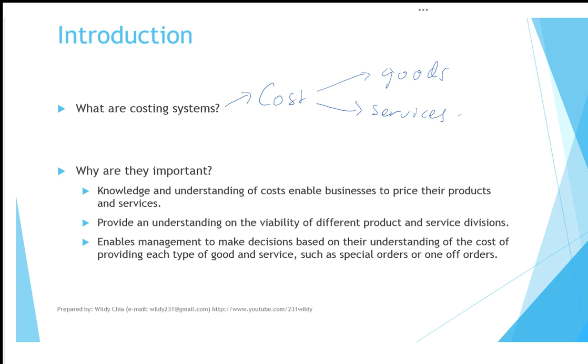Because if you're not able to determine cost, you wouldn't be able to price a product properly, and not being able to price a product properly means that the business may not be able to achieve the profits that it desires. So profits become either too low or too high. If profits are too high, it may not be a good thing, because it may be indicative that the product is priced too high and may not be sustainable.